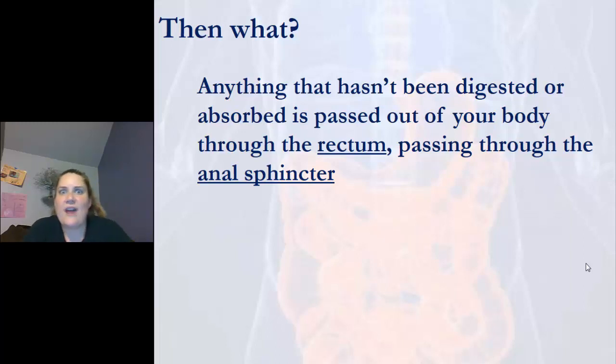Another fun fact that I don't have on here, I read or heard in a video at some point, is that something like 75% of your poop is actually bacteria. Think about that. Think about your poop the next time you poop. I know you don't want to, and I'm super grossing you out right now. But something like 75% of it is bacteria. Only 25% of it is actually undigested material from stuff you ate.